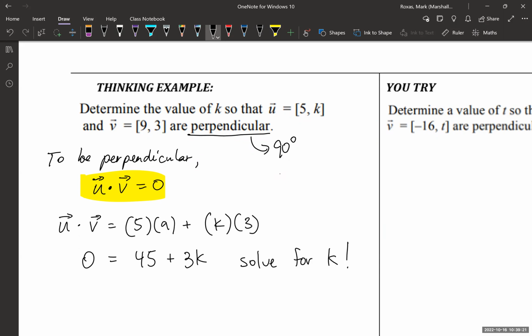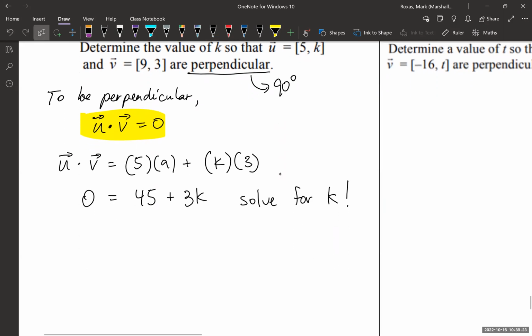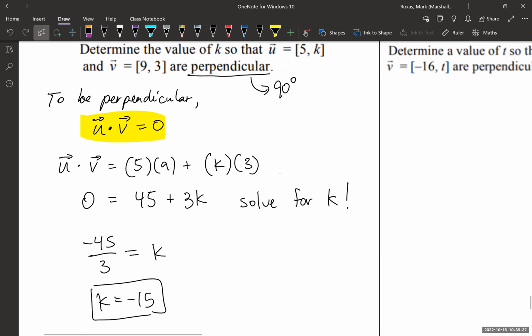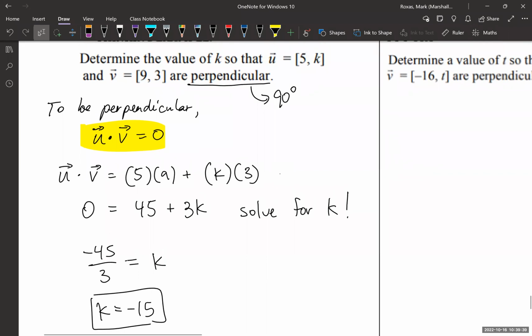Okay, so if I solve for k, I will have minus 45 over 3, which is my k value, so k is going to equal negative 15. So a value of negative 15 will make these two vectors perpendicular. U will be perpendicular to v. Okay, so therefore vector u is equal to 5 and negative 15.